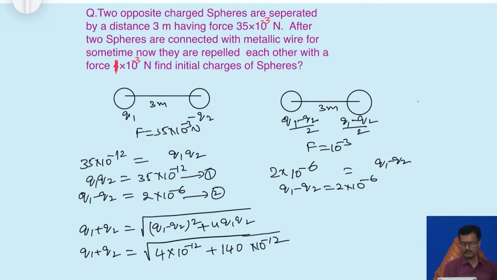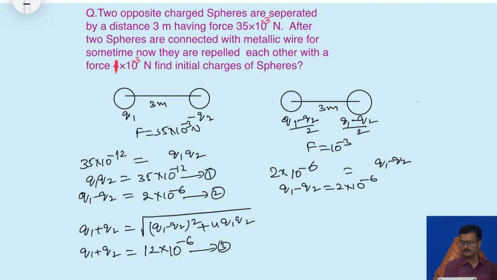Take 10 power minus 12 common from both terms. So 140 plus 4 is 144. Root 144 is 12. Root of 10 power minus 12 is 10 power minus 6. So this is equation 3.